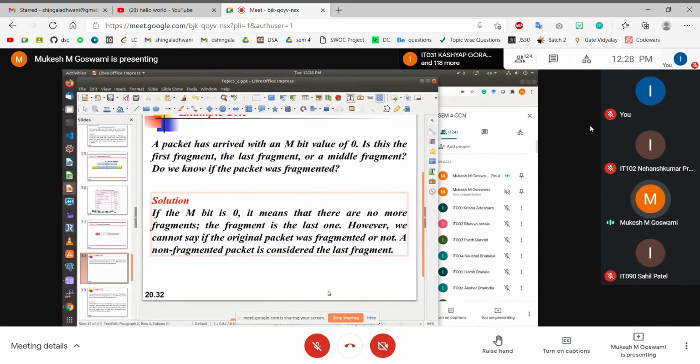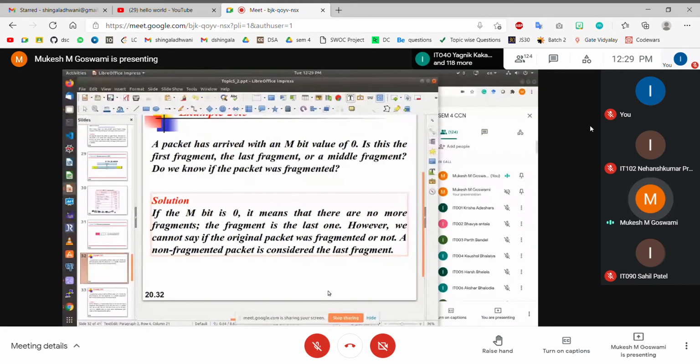It is the first fragment, and it is also the last fragment, because you have not fragmented the packet at all. There is no way for us to tell just by looking at the M bit whether it was the first fragment, the original packet, or part of the fragments. M equal to 0 only means that this is the last fragment. There are no more fragments expected now.